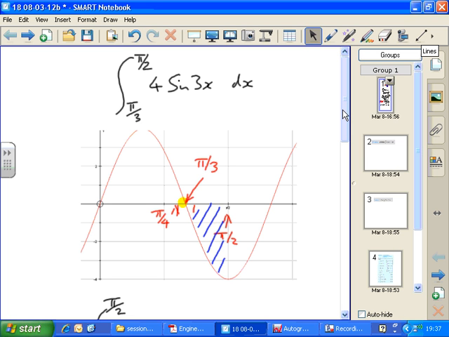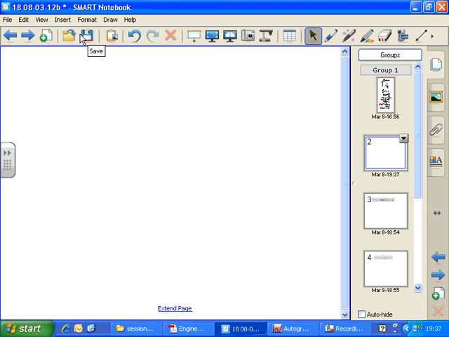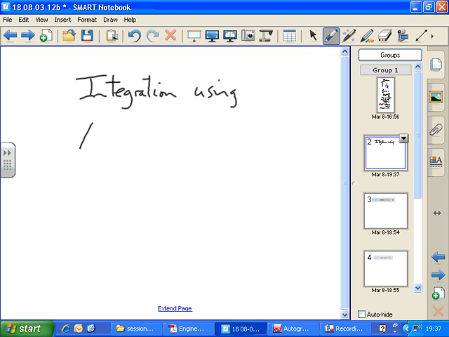What I want to do now is to look at the idea of integration using algebraic substitution. So a new topic.